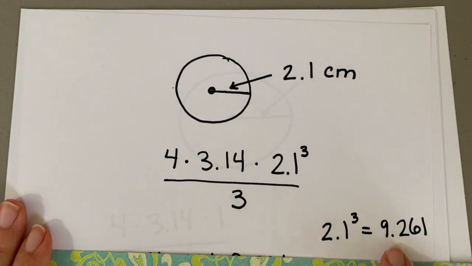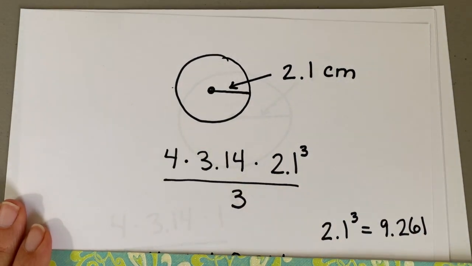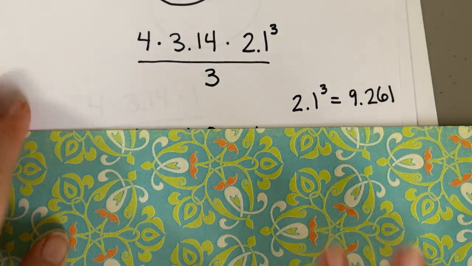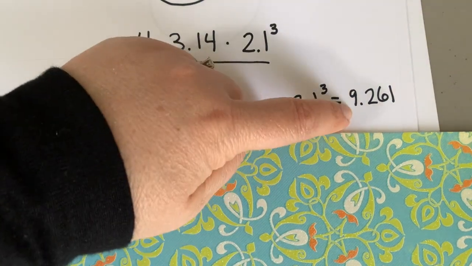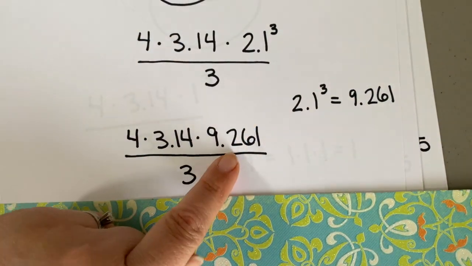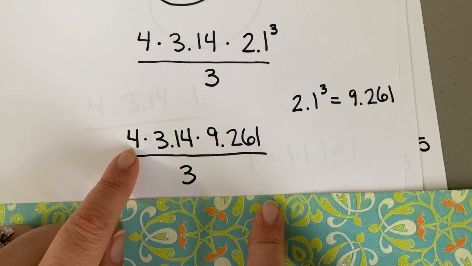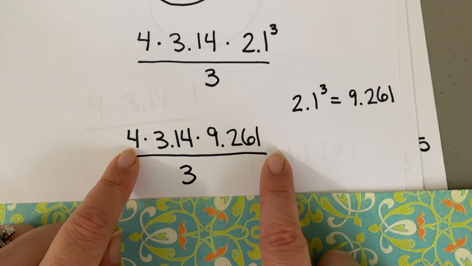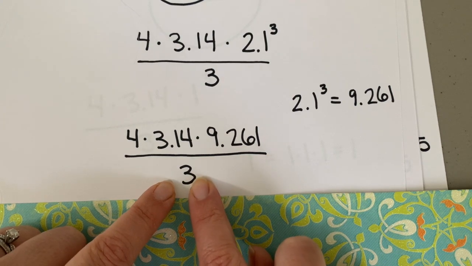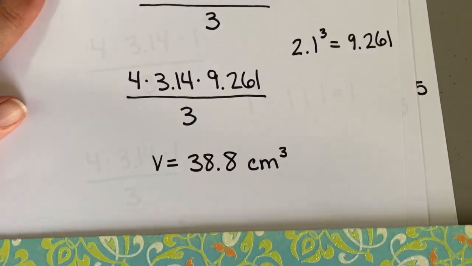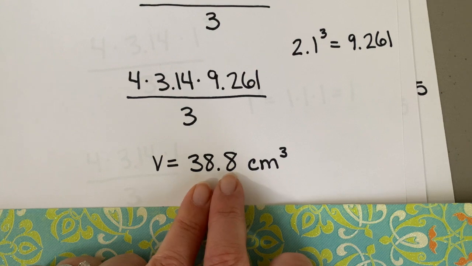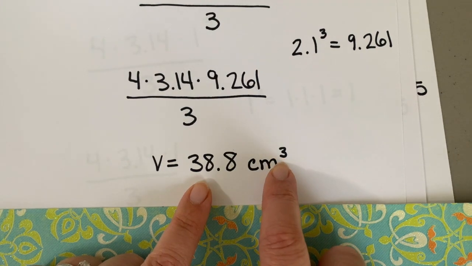And because I don't feel like retyping these long decimals into my calculator, I just leave it and multiply this times 3.14 times 4, and then make sure you hit enter before you divide by 3. And then your final answer would be 38.8 centimeters. Again, make sure you have that centimeters cubed.